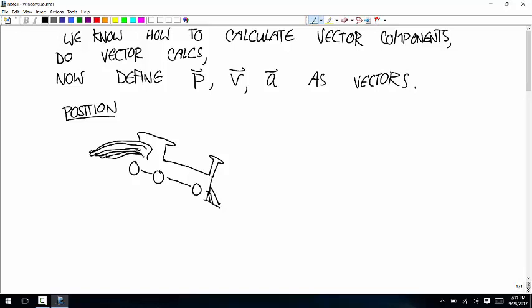And once you choose a coordinate system, so let's say that we're going to keep track of where the train is based on its center of mass.